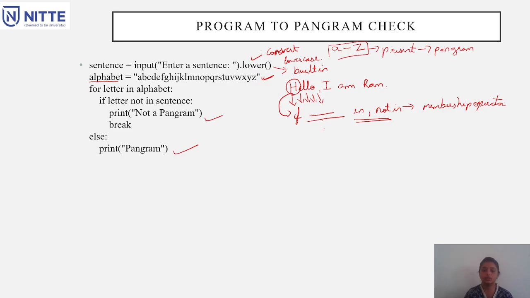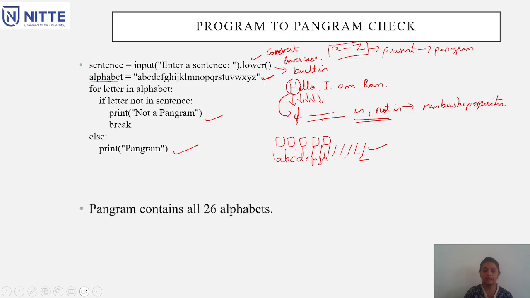For each letter, you check whether all of A, B, C, D, E, F, G, H, till Z, are present in the sentence which you have given. If all are present, then it is a pangram sentence. Even if one letter is missed out, it is called not a pangram.